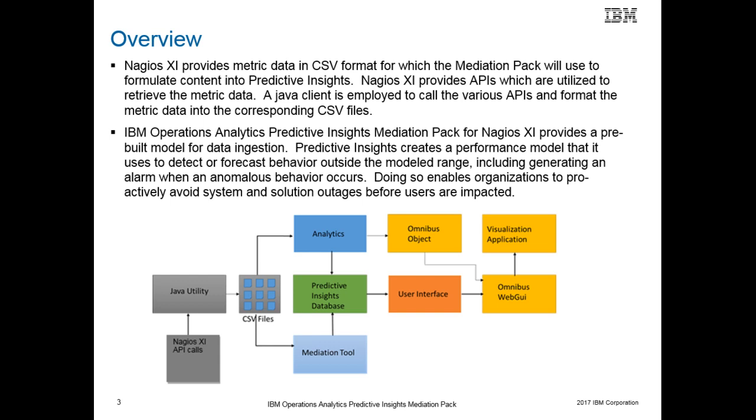The Nagios XI provides APIs which are utilized to retrieve the metric data. A Java utility is employed to call the various APIs and format the metric data into the corresponding CSV files. The diagram at the bottom of the slide shows that the Java utility retrieves Nagios XI metrics and then formats them into CSV files, which are then ingested by the Predictive Insights product.